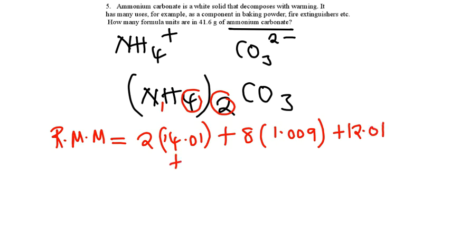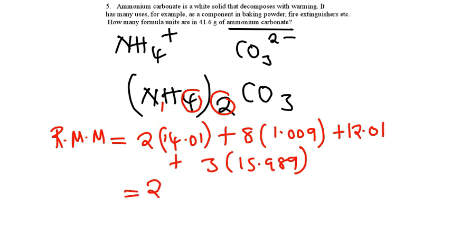There's only one carbon, and then 3 times our oxygen, which is 15.989 according to this periodic table anyway. So approximately 2 times 14.01 plus 8 multiplied by 1.009 plus 12.01 plus 3 multiplied by 15.989.